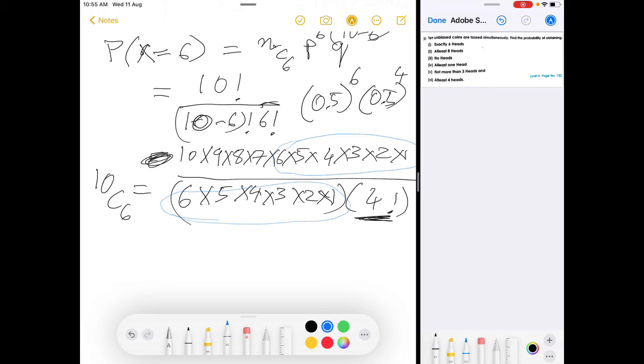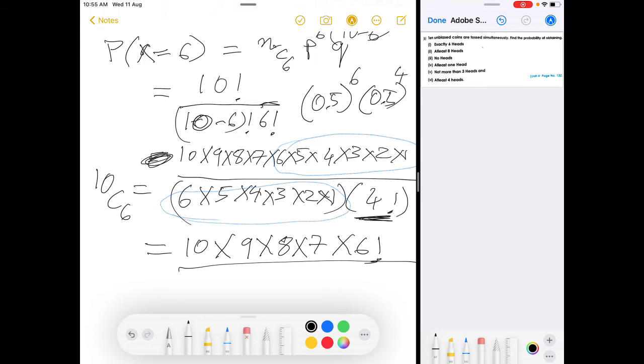So we can replace that part by writing 10 into 9 into 8 into 7 into 6 factorial. In the numerator, that 6 into 5 into 4 into 3 into 2 into 1 becomes 6 factorial. In the denominator anyway, it is 6 factorial into 4 factorial. So I can cancel this out, since numerator and denominator have the same thing.